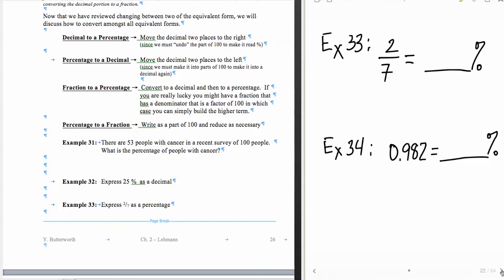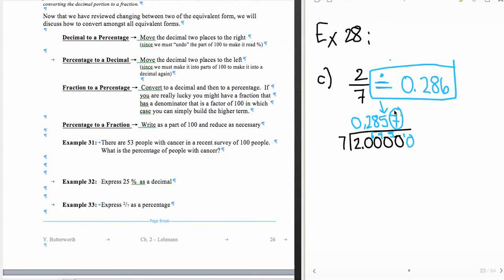So I'm going to refresh our memory about one that we did before, 2/7 as a decimal. When we did this, we rounded it, remember. Well, rounding isn't going to give us an exact answer. So what I'd like to do is recall that we're going to move the decimal 2 places to the right here in order to make this a percentage.